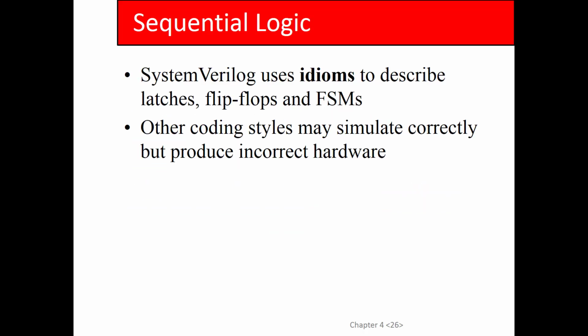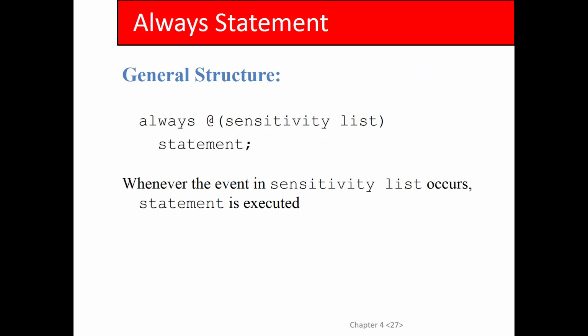Whenever you use sequential logic, meaning any logic with memory, it has to be described with an always block or an always statement. In Verilog, you just have a plain always.